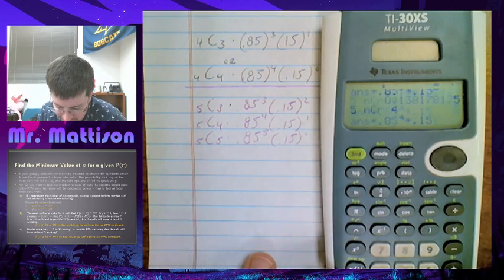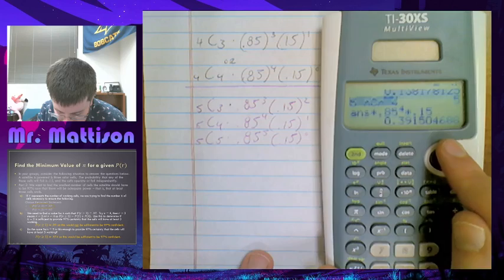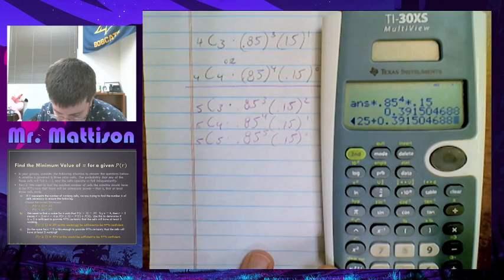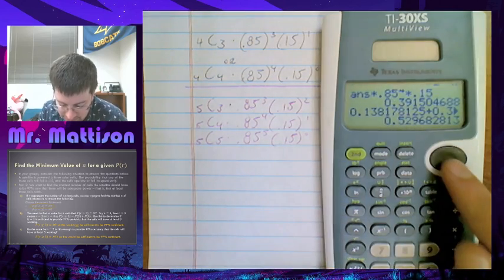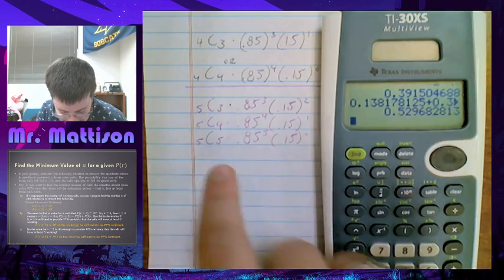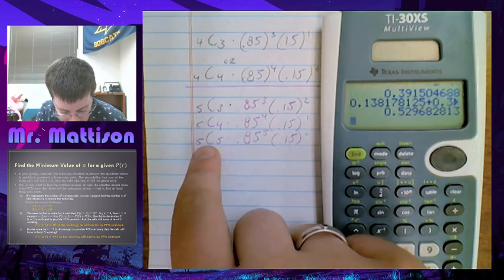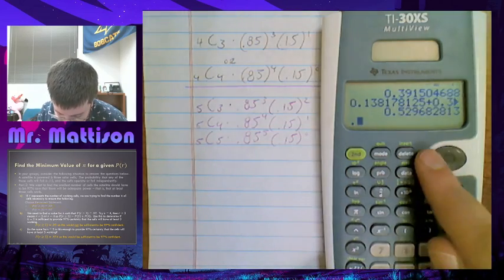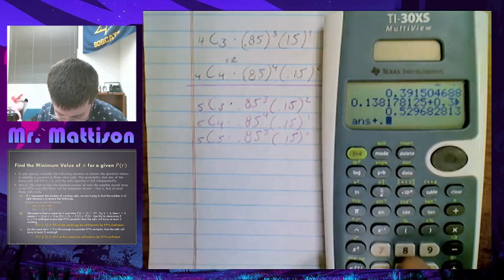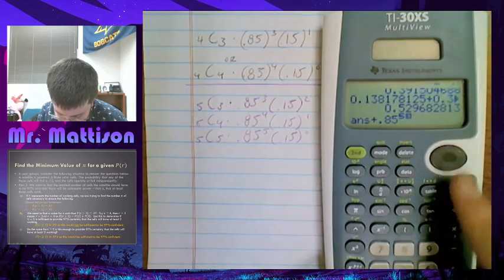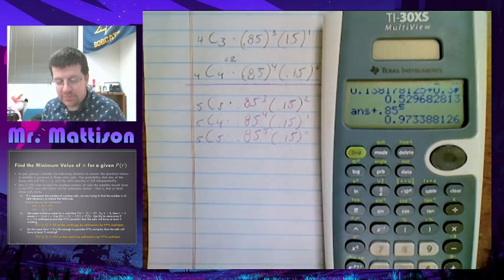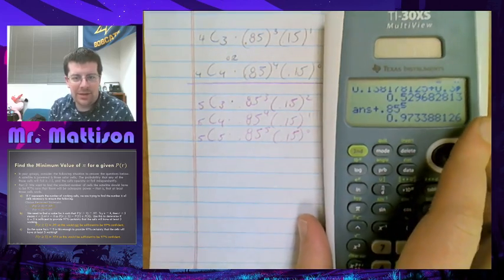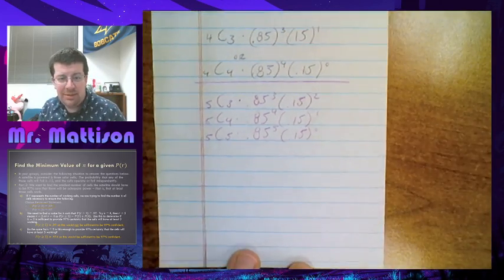So I get that. I want this plus this, so I have 0.52. Then the last thing I have to add is this, where the combination is 1 and the 0.15 to the 0 is 1, so it's really just 0.85 raised to the 5th power. Plus 0.85 raised to the 5th power, and I get 97.3, which is higher than the 97% success rate that I'm looking for.